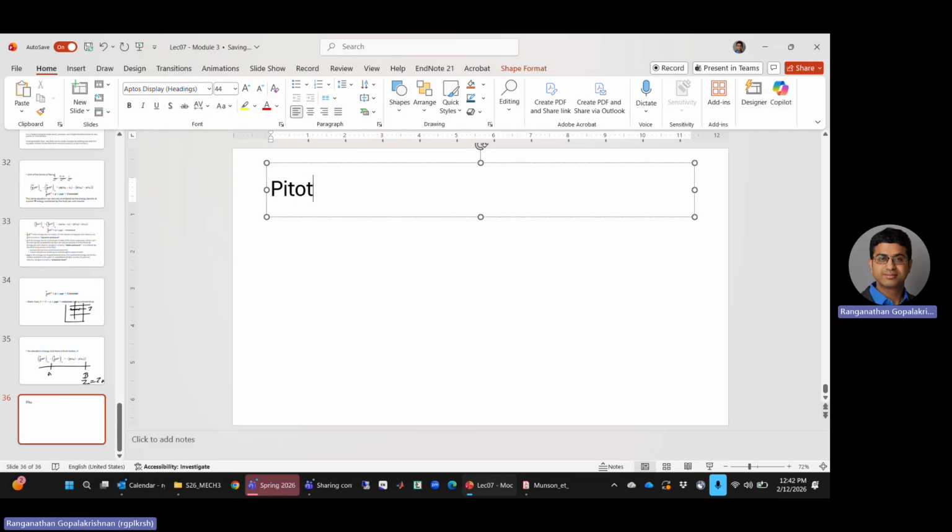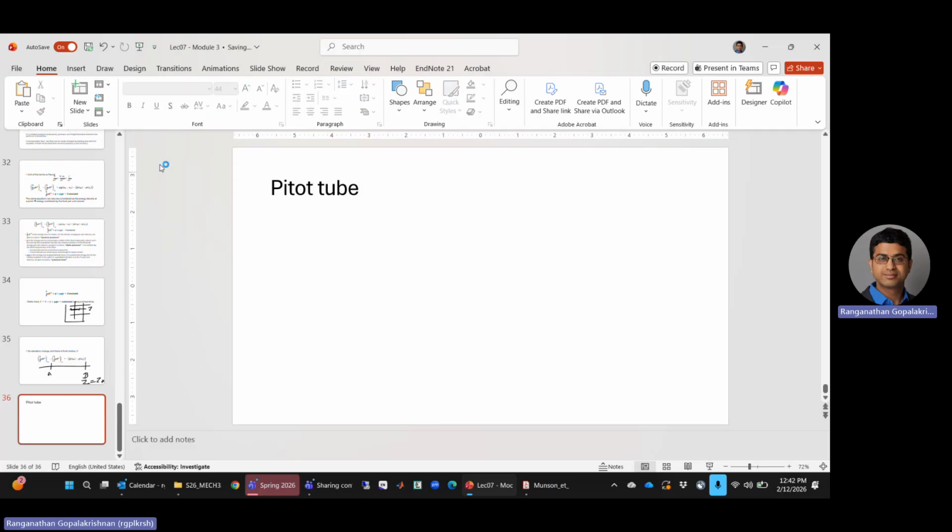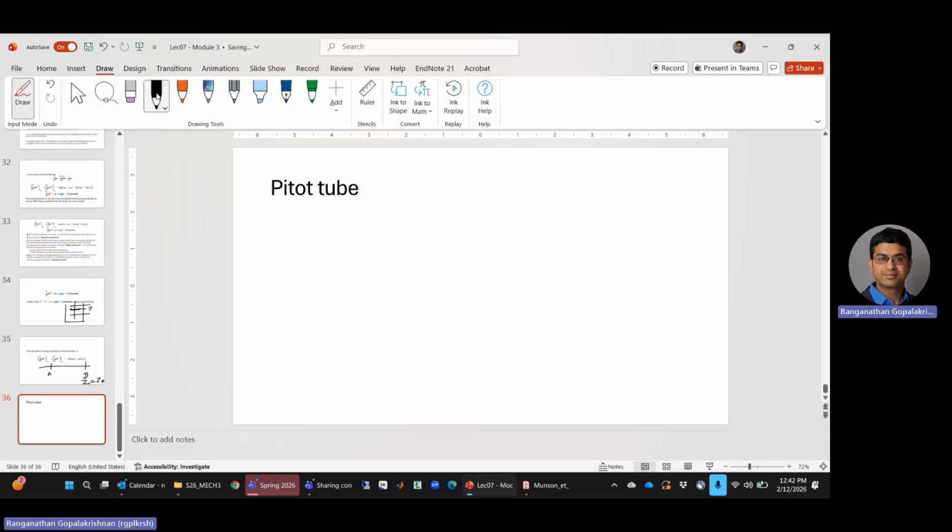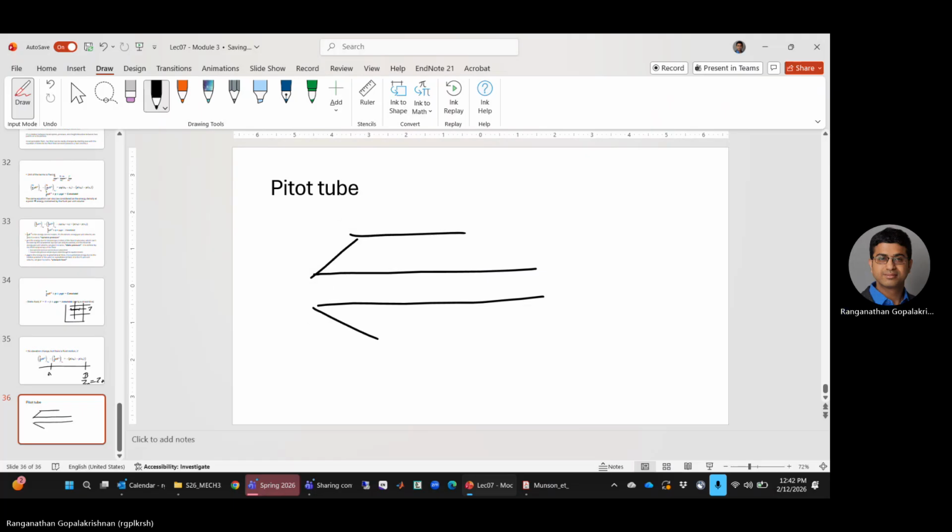So a pitot tube looks something like this. It has a tube, and it also has a sheath or a sleeve, and a hole that is drilled here.